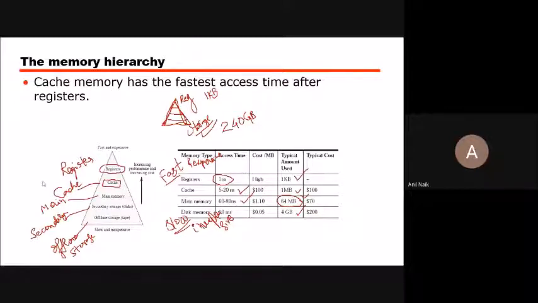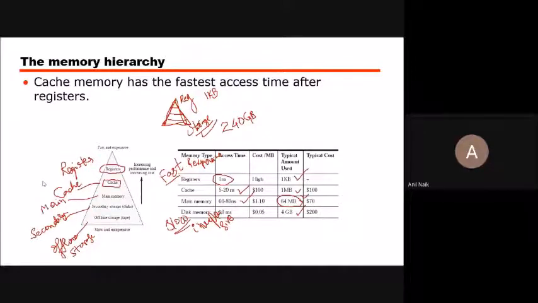In our college Moodle server, I think the memory size is in terabytes. Whatever assignment submission or LCM activity you do, you access from the Moodle.